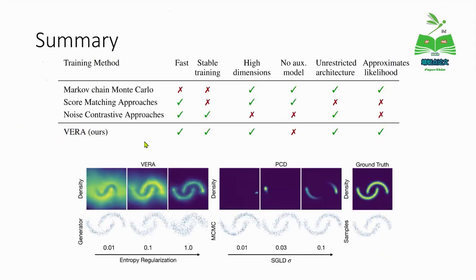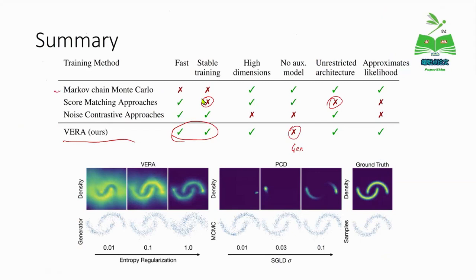Summary: they show their method's advantage over other methods, like the score matching approach, which has some drawbacks, but I'm not sure about this one and this one. What does this mean? Their VERA needs to use a generator, so it's their main problem. But they have these advantages.